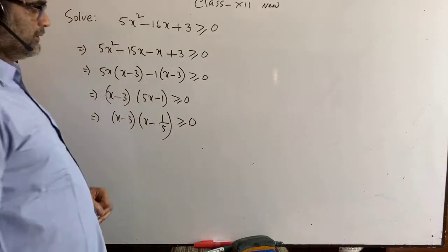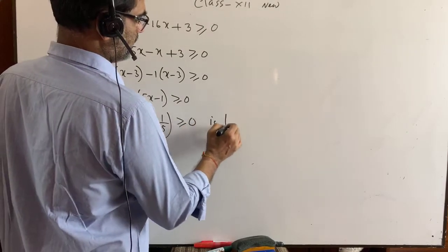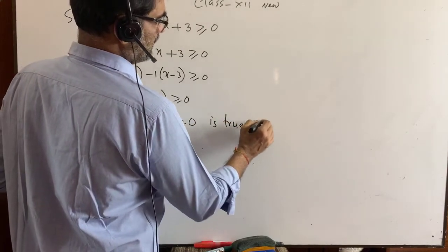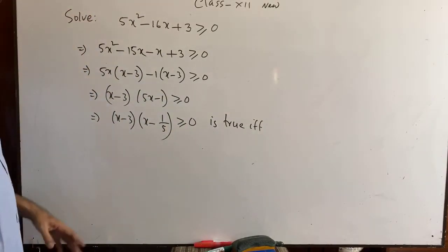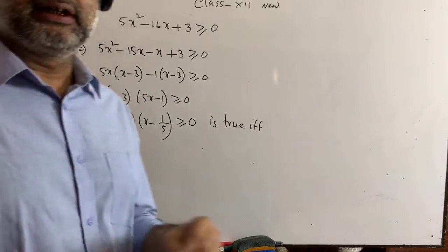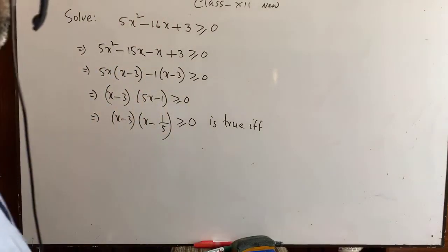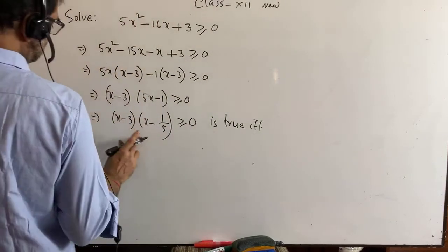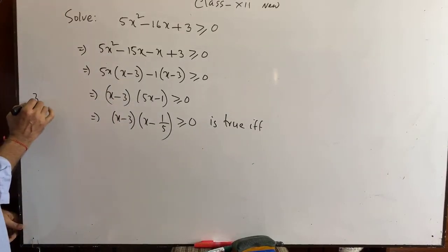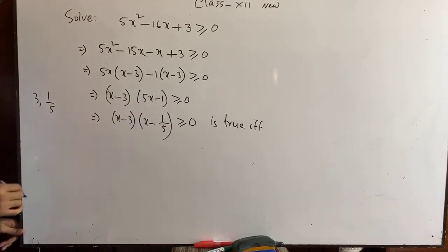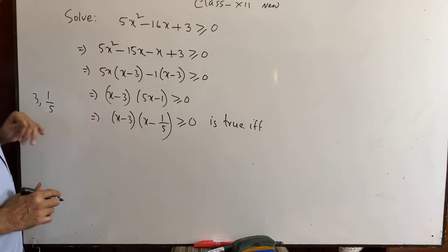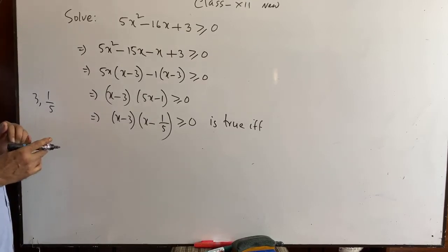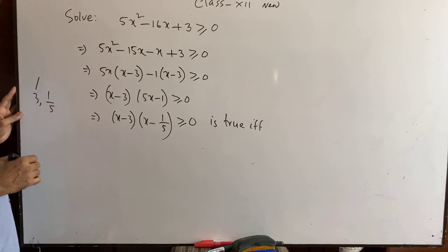Now this is true if and only if, for the greater than sign, what I told you, x is smaller than the smaller one and greater than the greater one. Here we are getting the values of x as 3 and 1/5. If it is 3, it is the greater one.